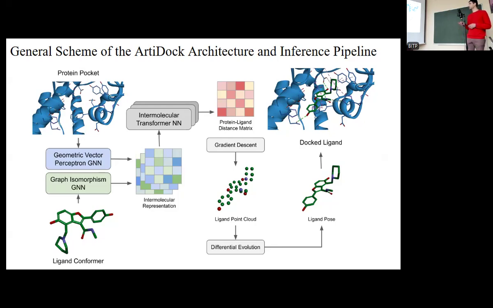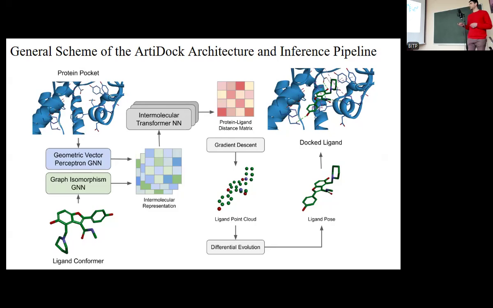The result of the neural network is a protein-ligand distance matrix with dimensions equal to the number of atoms in the protein pocket by the number of atoms in the ligand. And then we apply several fast algorithms that help us convert this predicted distance matrix into some final ligand position.